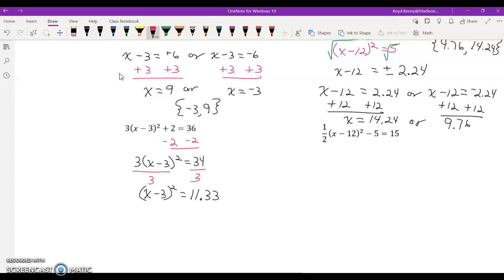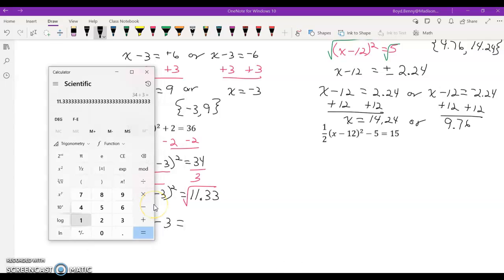Now I'm going to take the square root of both sides. It's going to leave me with x minus 3 on the left side. And then let's see, what is the square root of 11.33? That would be 3.37.